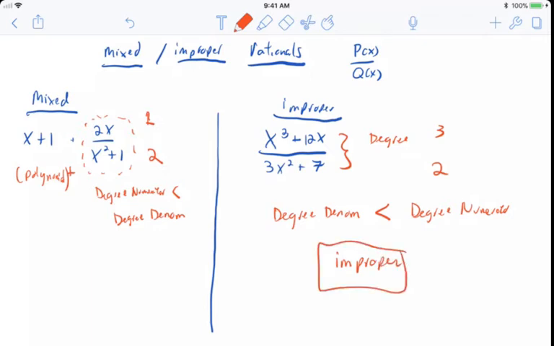So just like in fractions, when we can turn a mixed into an improper and an improper into a mixed, we can do the same thing with rational expressions.